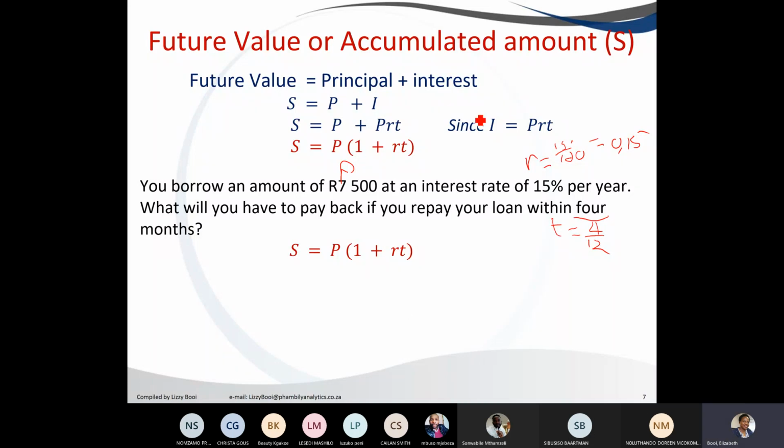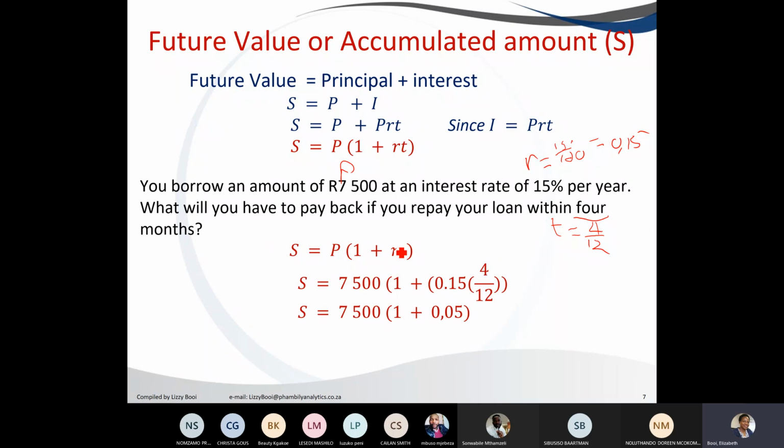So substituting the values into the formula, our P is 7,500 times 1 plus our R of 0.15 times our T of 4 over 12. Substitute it into the formula. Then we solve what is inside the brackets first. 4 over 12 is 0.33333.